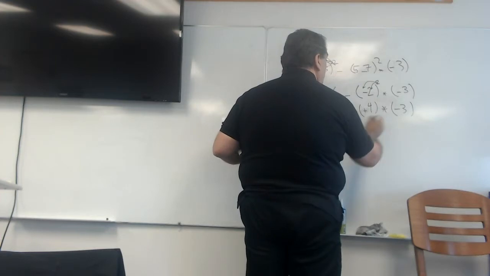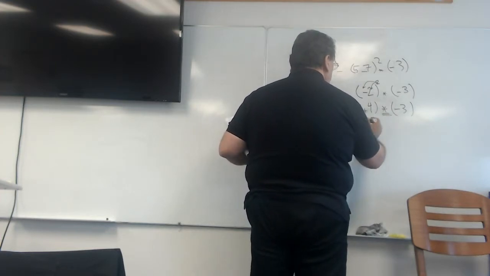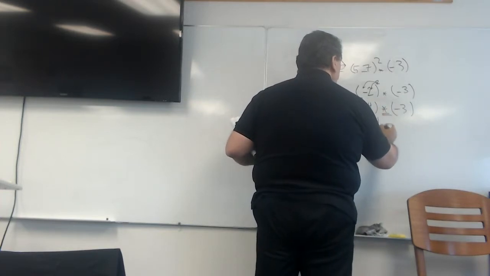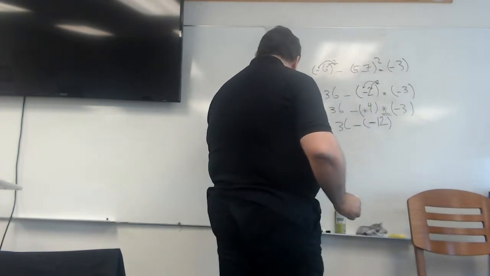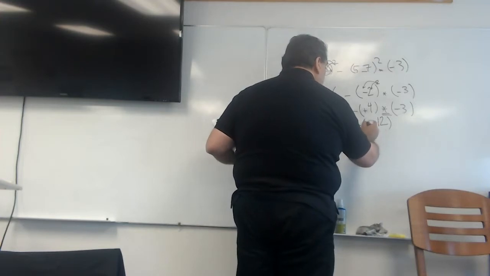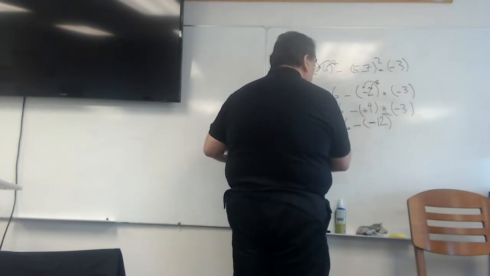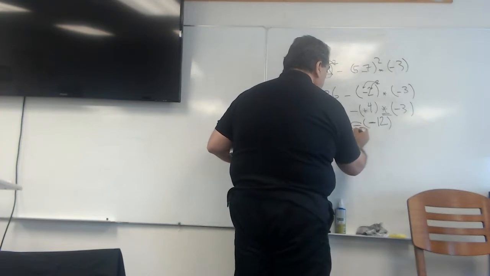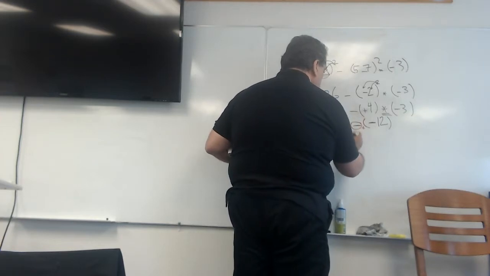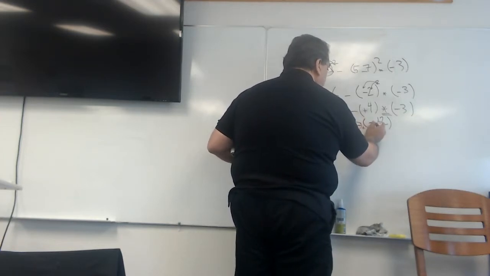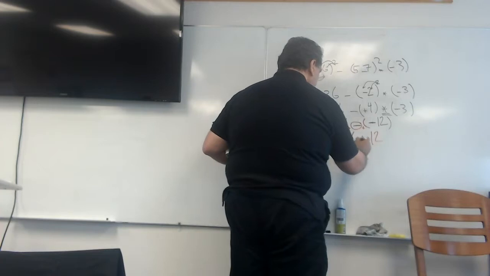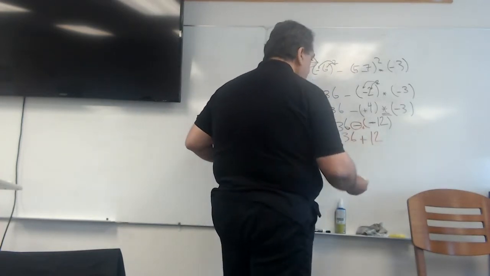Now we do the multiplication first. Plus 4 times minus 3 is minus 12, because the signs are different. So we have 36 minus, and when you see a sign like this behind the parentheses, it means multiplication. So you have minus times minus times plus 12, which gives 36.